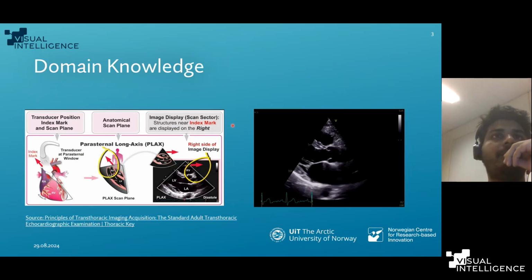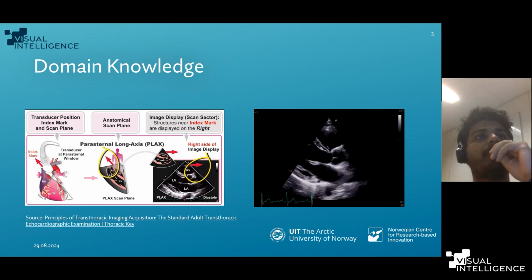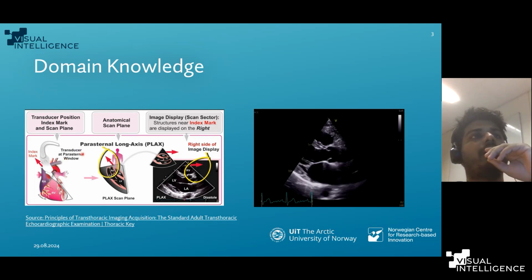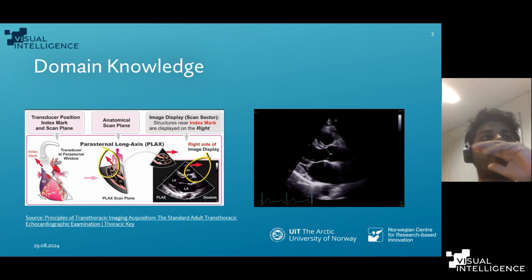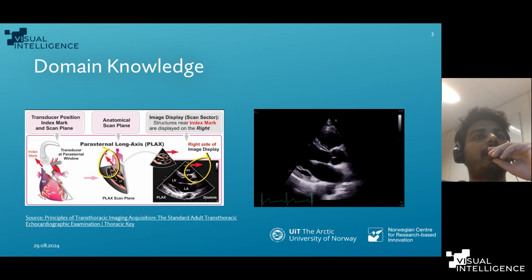There are different ways that we can do echocardiography of the human heart. Generally, we fix a window for the transducer. There are different windows, but for this project we use data recorded in the parasternal window, which looks like this, and sound waves are recorded along the left ventricle long axis.